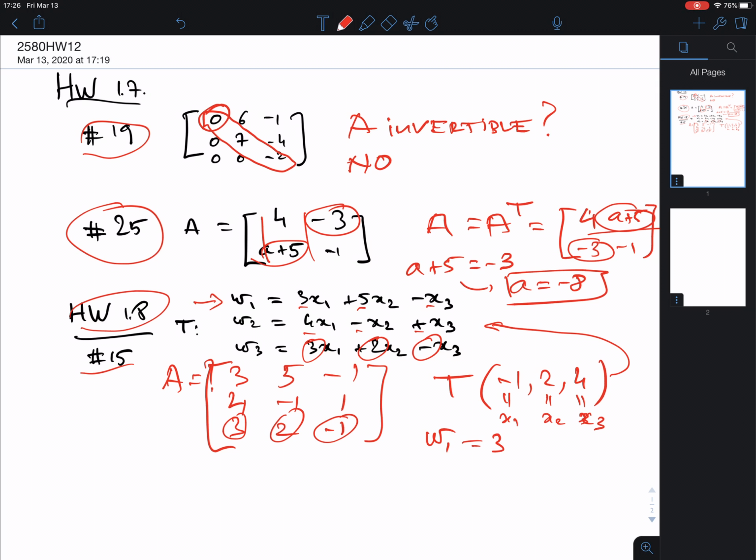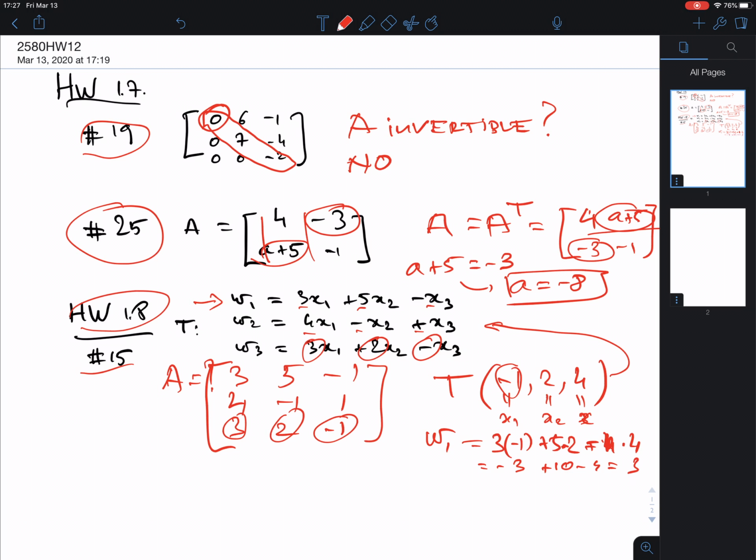W1 is 3 times x1, which is minus 1 here, plus 5 times x2, which is 2, plus 4, minus 1 times 4. So this would be minus 3 plus 10 minus 4, that is 3.